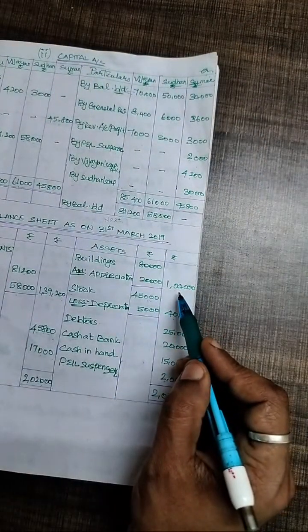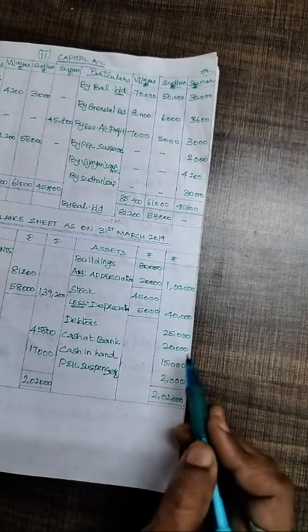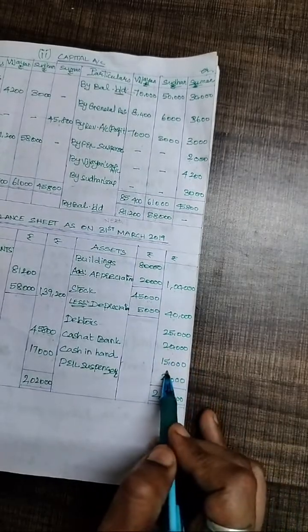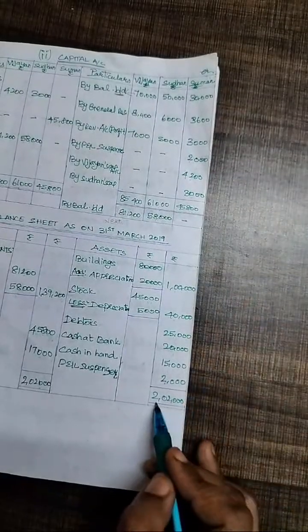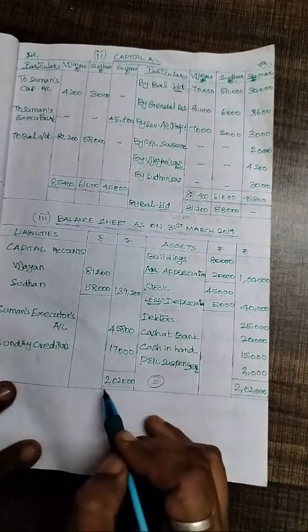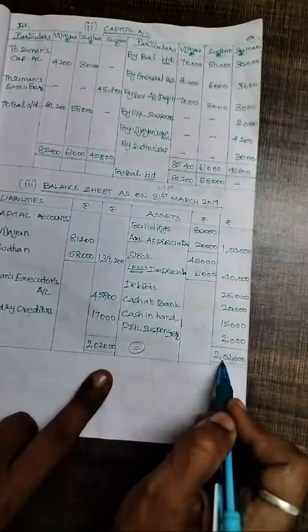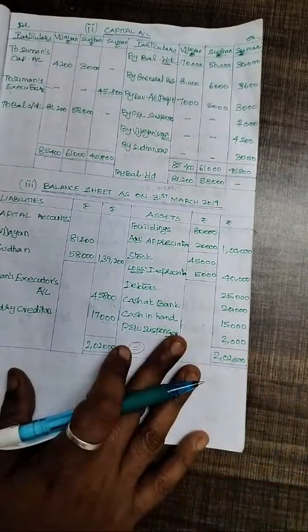Let's come to the asset side total: 1 lakh rupees plus 40,000 rupees plus 25,000 rupees plus 20,000 rupees plus 15,000 rupees plus 2,000 rupees. Added together, you will get 2,02,000 rupees. So asset and liability totals are the same, 2,02,000 rupees on both sides. So our sum is correct.